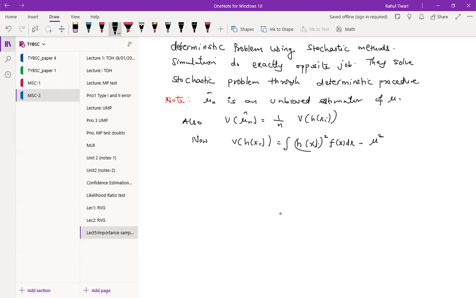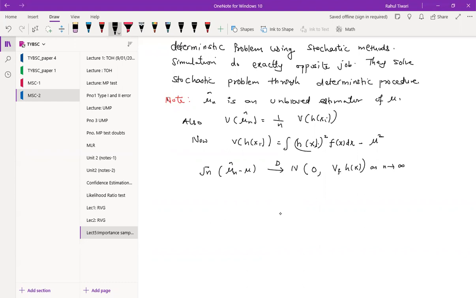So by applying the CLT, one can say that root n times mu hat n minus mu has a distribution with mean 0 and variance given by the variance of h of x, as n tends to infinity, because it will have the normal distribution with mean 0 and variance of h of x.